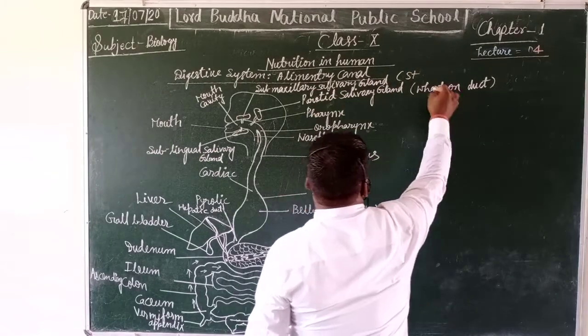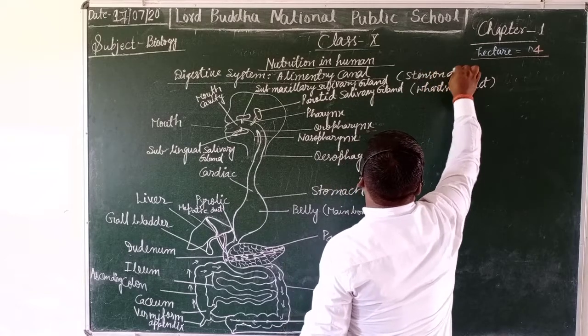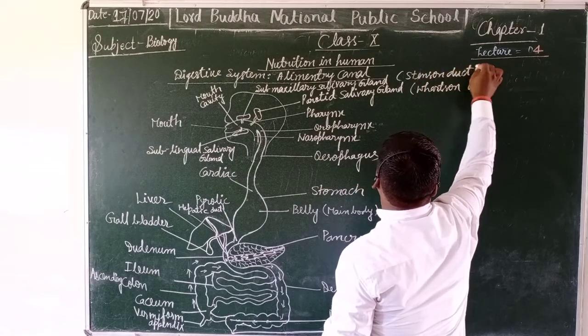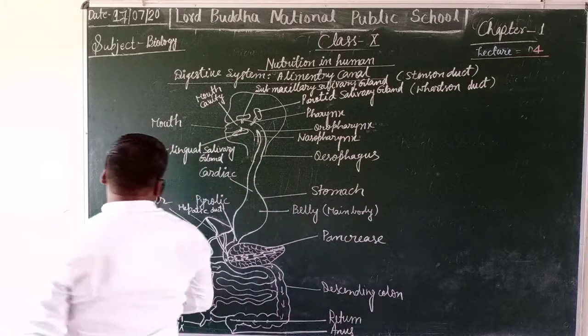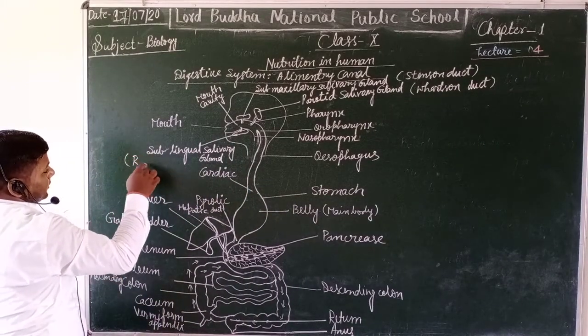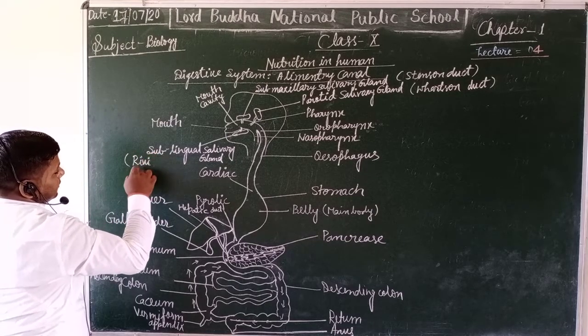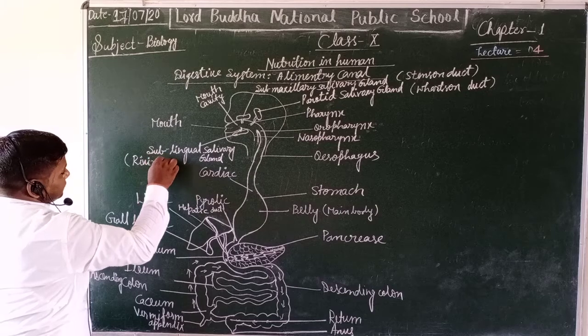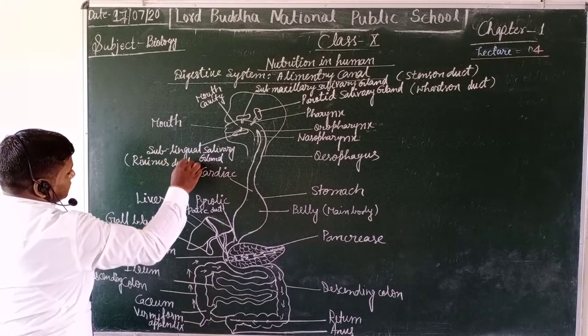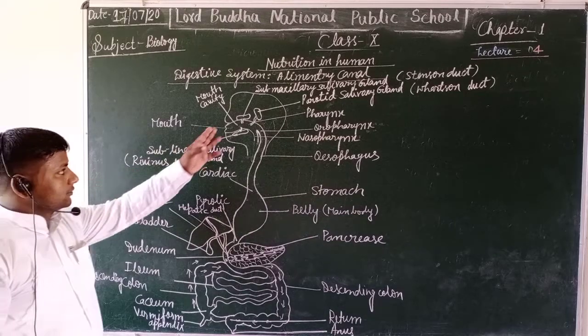The submaxillary gland contains an extension duct, and the sublingual gland has the duct of Rivinus. Through this duct, the saliva is secreted inside the mouth to start the process of digestion in the oral cavity.